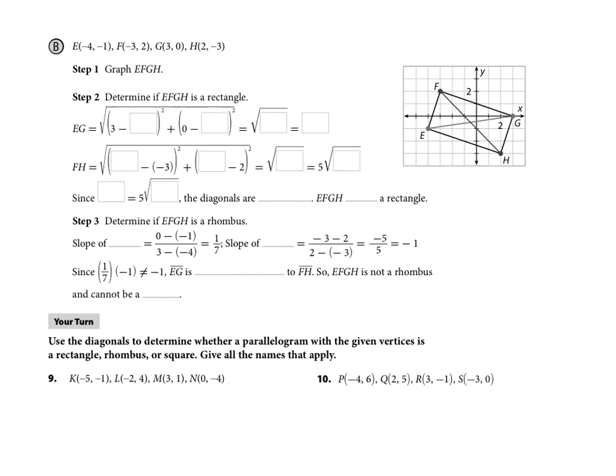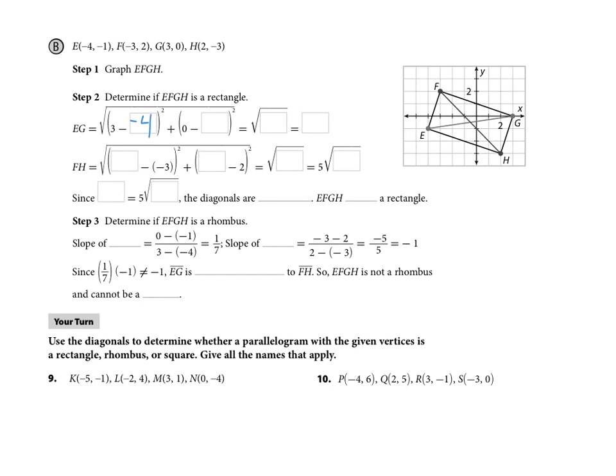Now we're given 4 new points, E, F, G, and H, and we're first going to determine, is it a rectangle? So let's fill in the rest of this distance formula here. E, F, G, and H, we're finding first the length of EG. Here's E and here's G. And so x2 minus x1 first. We're going to do 3 minus negative 4.